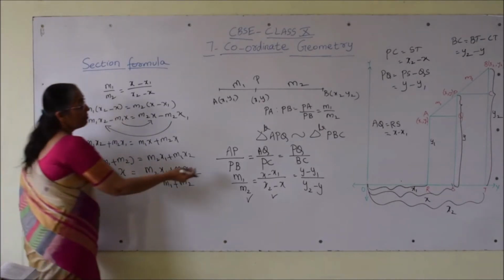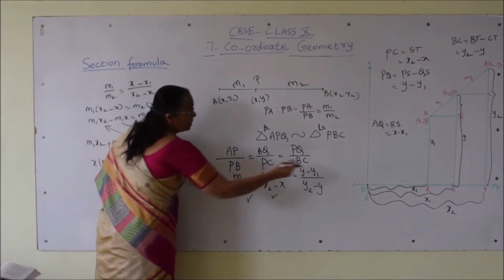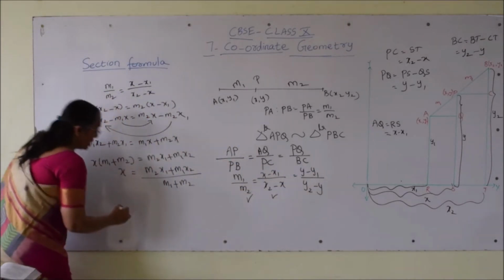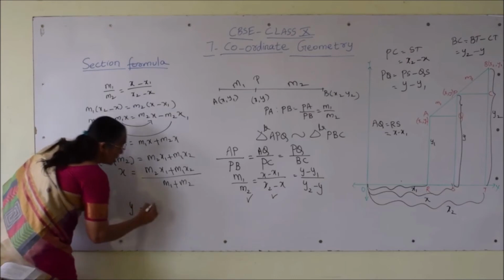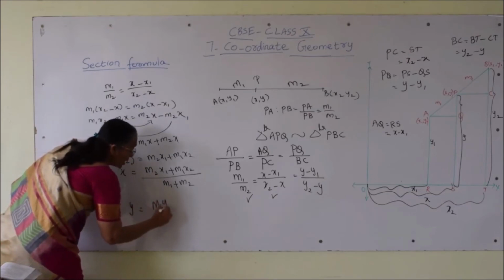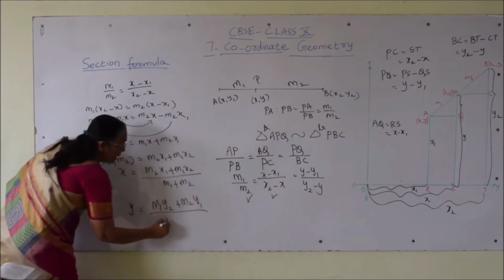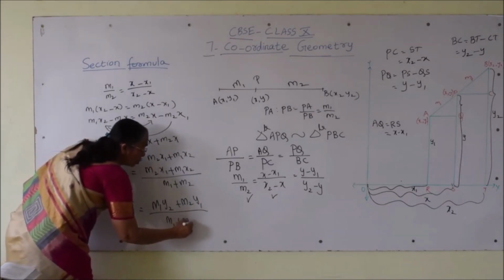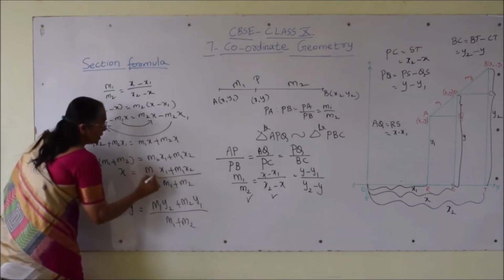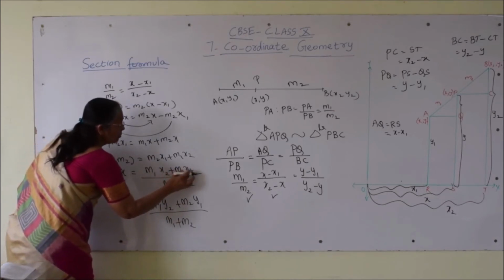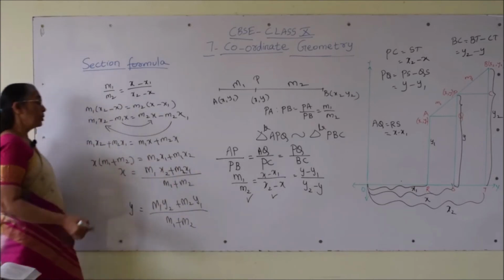Similarly, when we compare the first term and the last term and do the simplification like this, we get the y value as M1 y2 plus M2 y1 divided by M1 plus M2. For understanding, we can write this term first, M1 x2 plus M2 x1; both are the same.